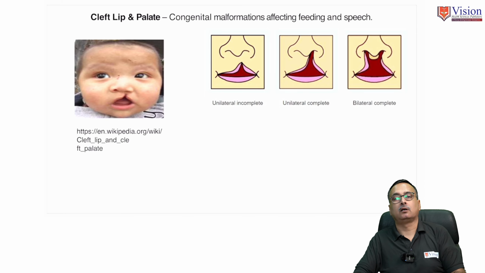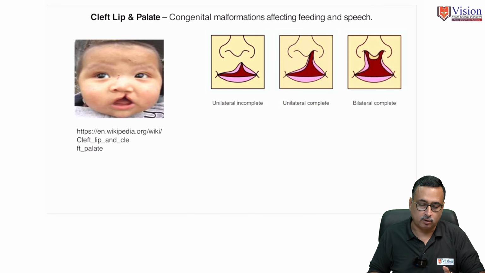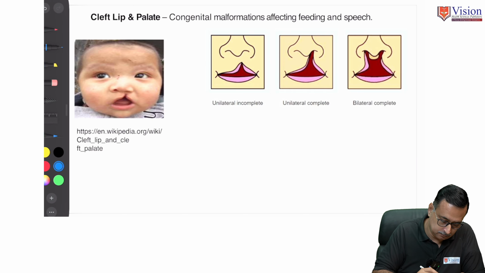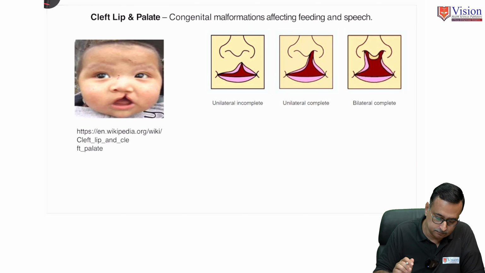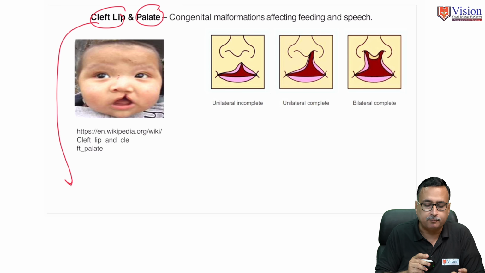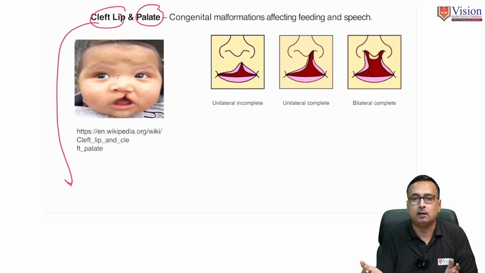Yes, this is another abnormality affecting the oral cavity. This is cleft lip and cleft palate. So what is cleft lip? Cleft lip means a split in the lip, either upper lip or lower lip.